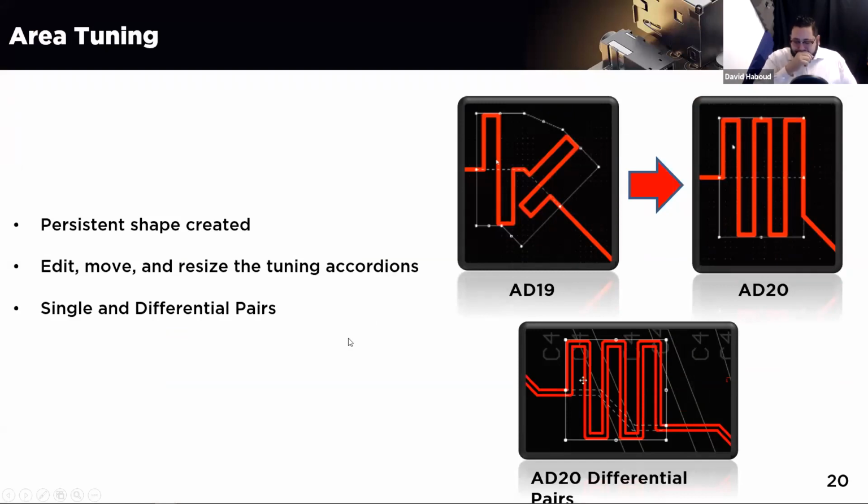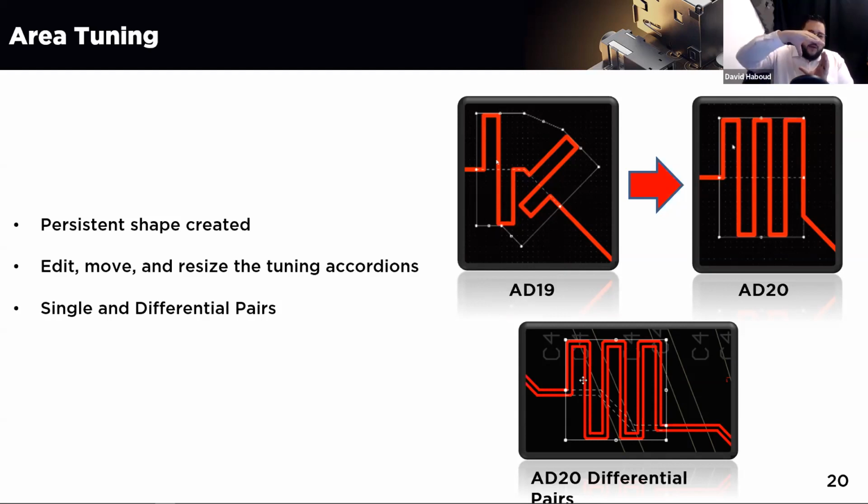Area tuning. Okay, so I'm sure I'm not the only one that has had this issue before, when you're trying to tune something, and you've made the shape, and you need to move it around, and you have kind of an issue.